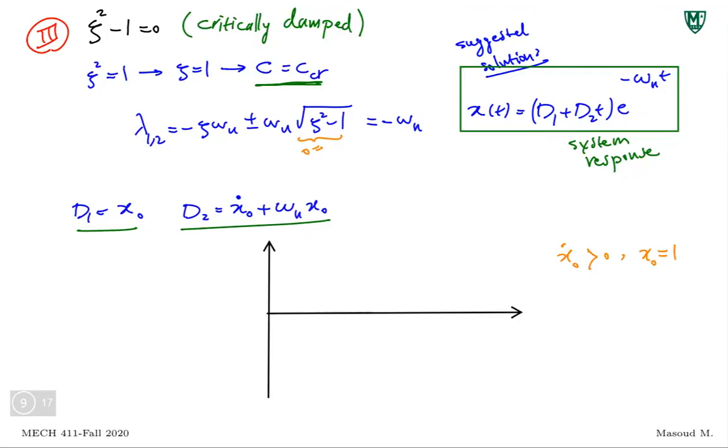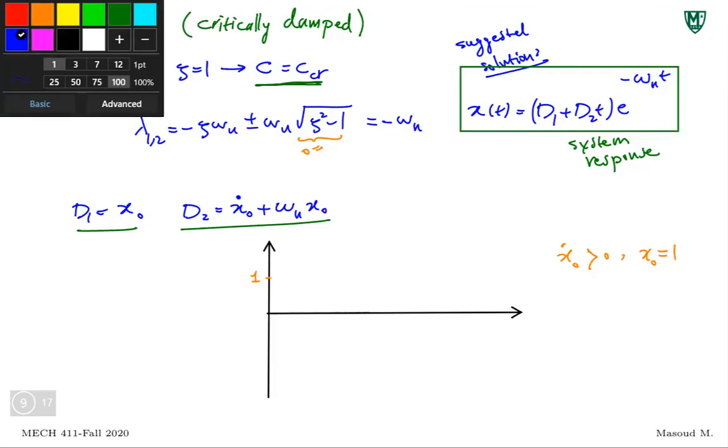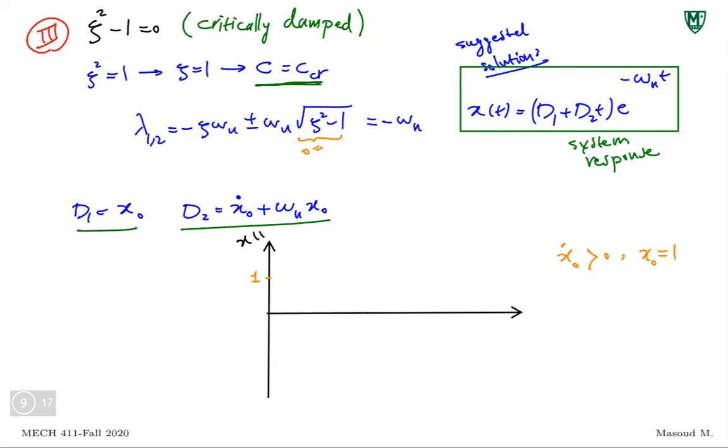Just want to get a sense of how things work. If this is 1, we have some initial velocity, meaning we have some kind of slope at the beginning. This is x(t), and this is time. So we start from 1, the initial position, we have some initial velocity, and then the system goes like this, towards the equilibrium point.